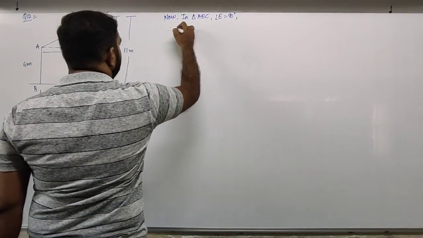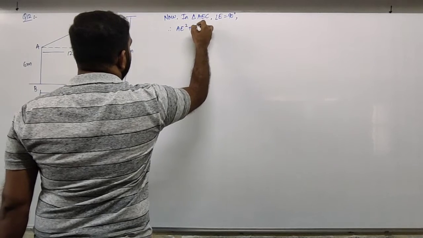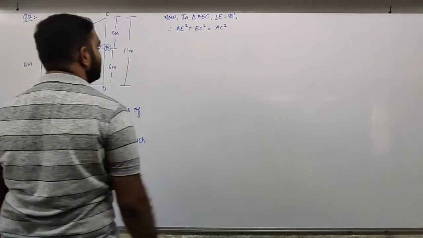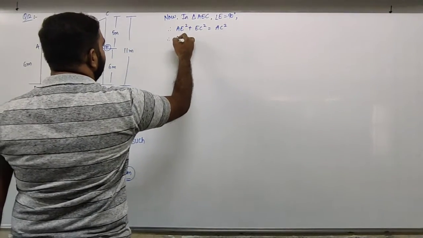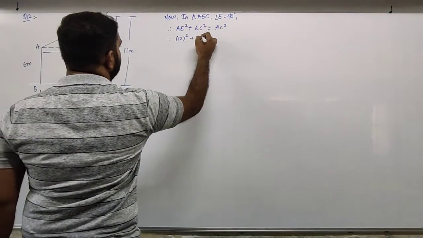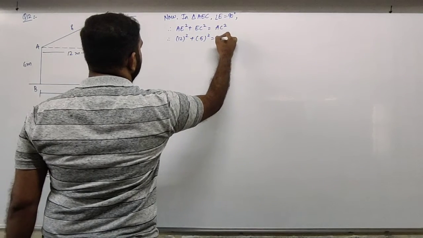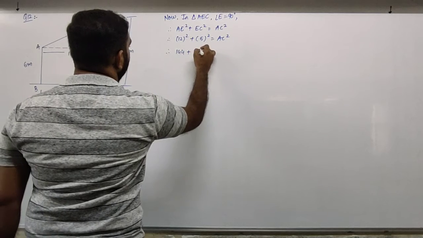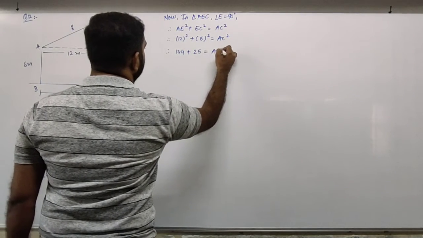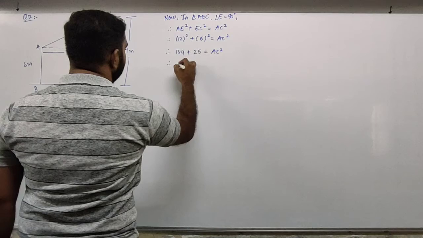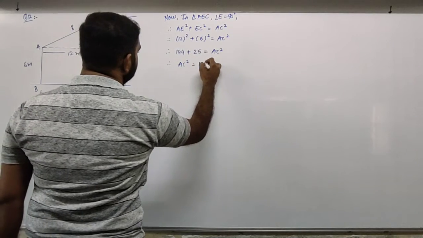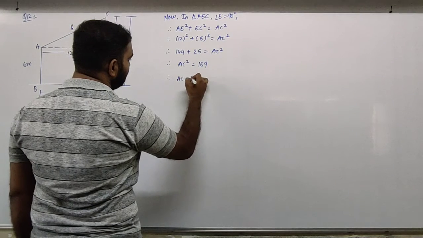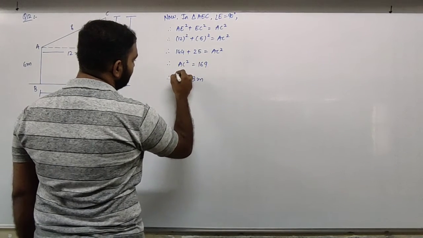Therefore AE square plus EC square is equals to AC square. Therefore, 12 square plus 5 square is equals to AC square. 144 plus 25 is equals to AC square. Therefore, AC square is equals to 169. And hence AC is equals to 13 meter.